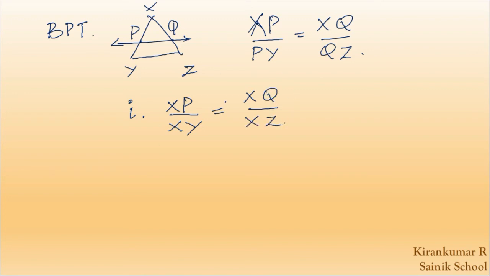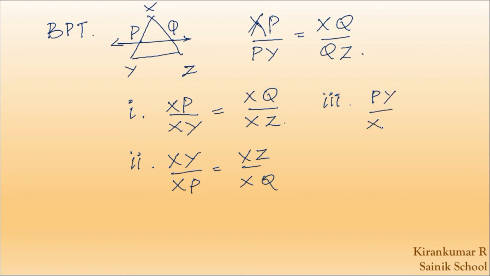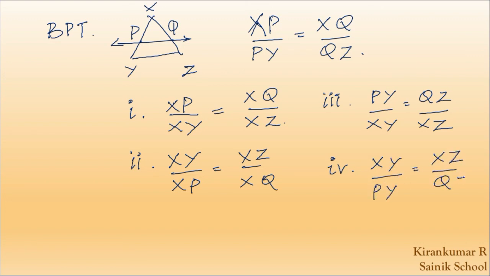I'll name these 1, 2, 3, 4. The second result obtained will be XY upon XP equal to XZ upon XQ. I have just taken the reciprocal. The third result is PY upon XY equal to QZ upon XZ. And the fourth result obtained, a reciprocal, is XY upon PY equal to XZ upon QZ.